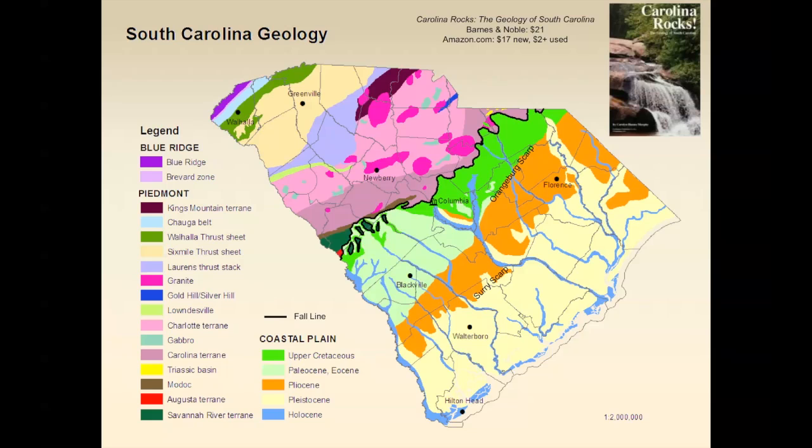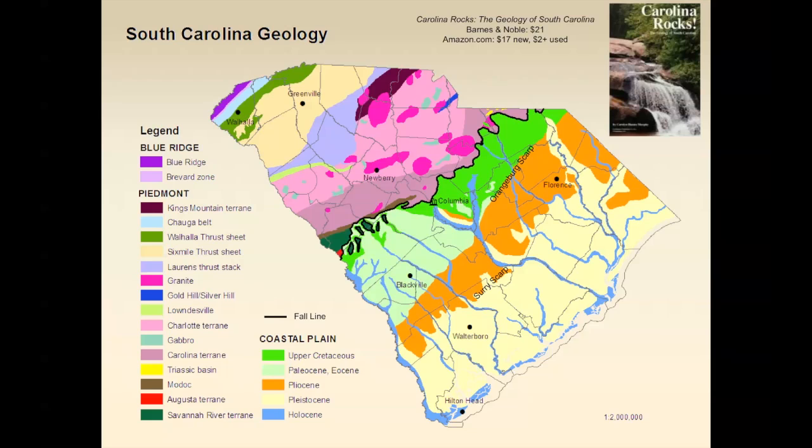What you'll find just below the slate belt, running sort of in this green area over here, is mainly sandy soils, or sand. It was, I believe, deposited either by wind or by water.